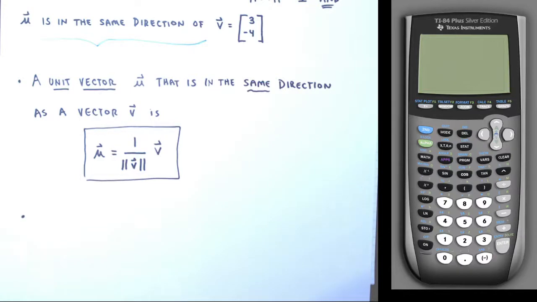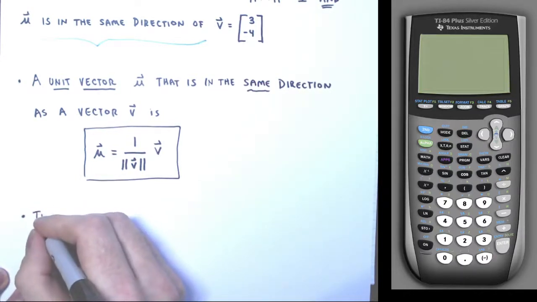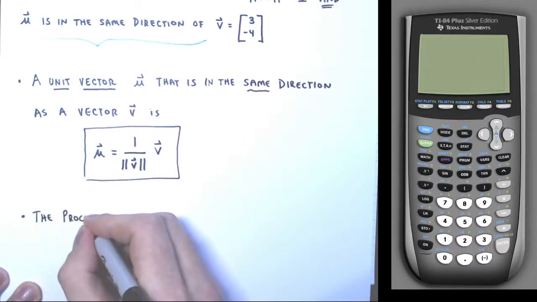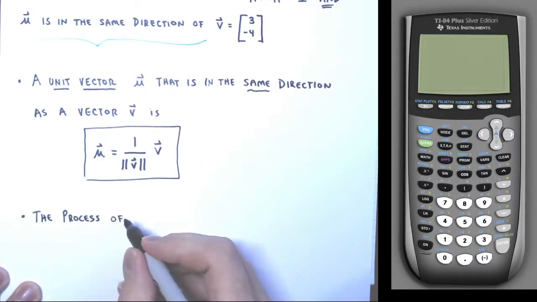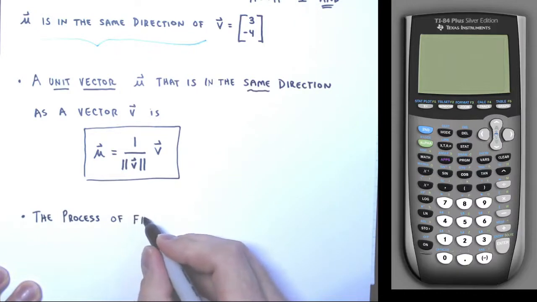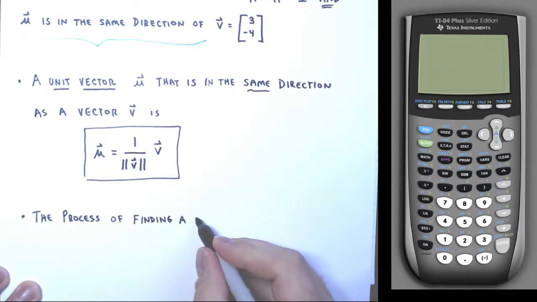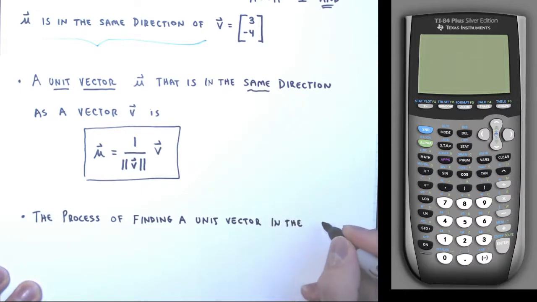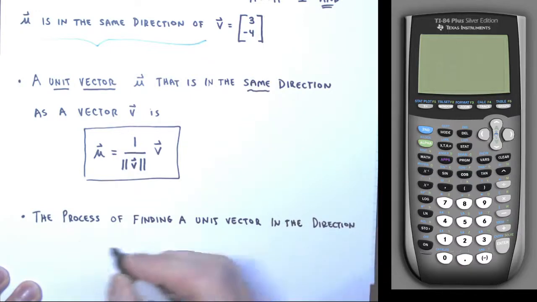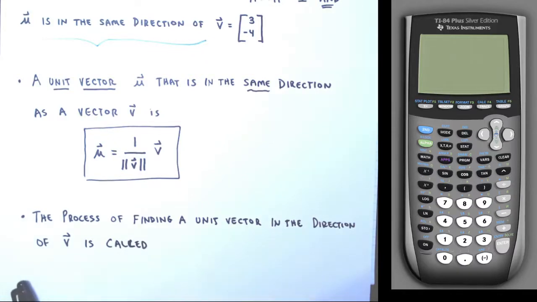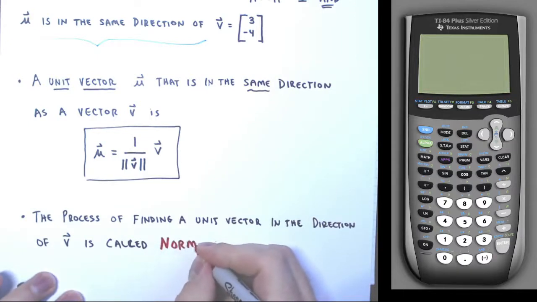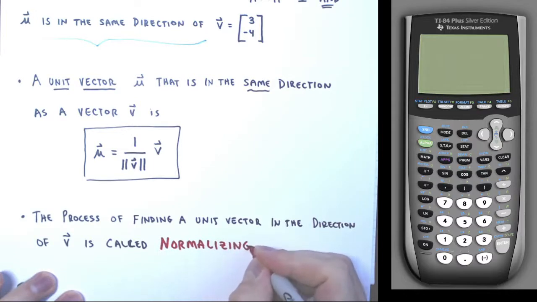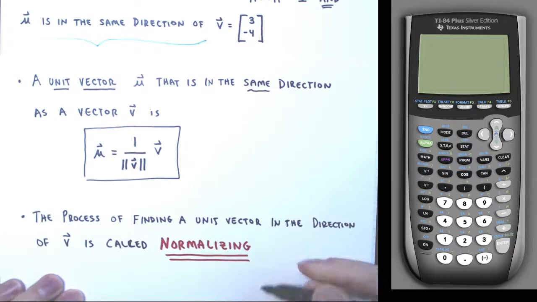And one other thing to point out that you'll come across in certain texts: this process of finding a unit vector in the direction of v is called normalizing vector v.